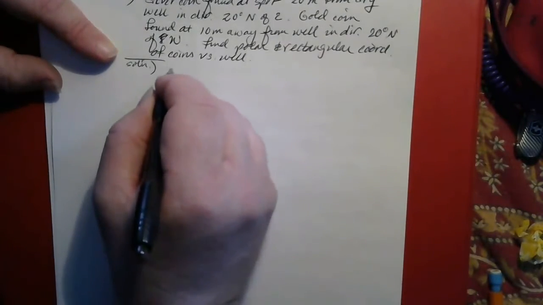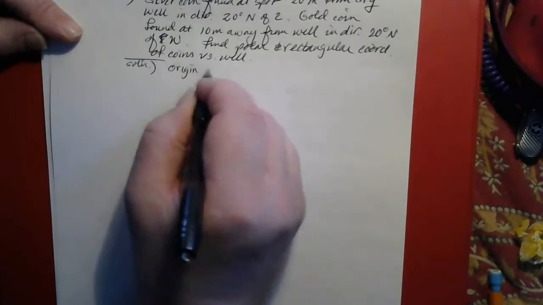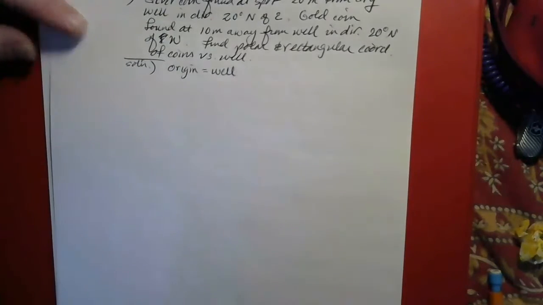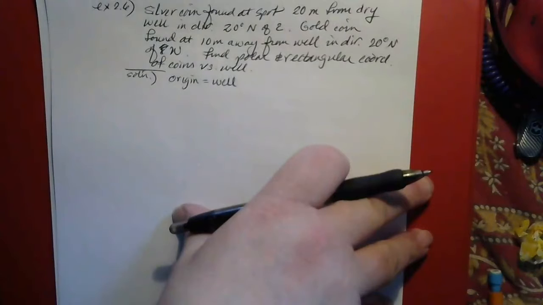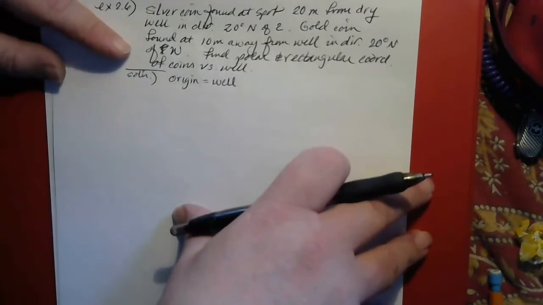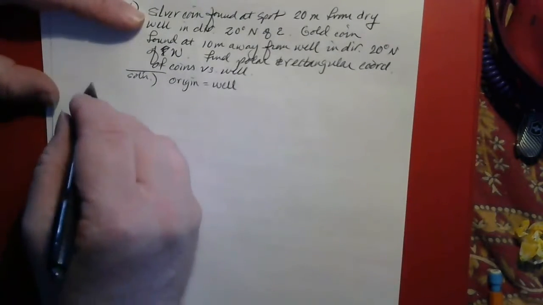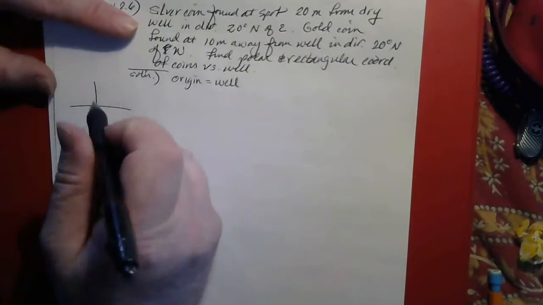Okay, so for a solution here, we start with defining what the origin is. It would make sense to make the well the origin, because that's what everybody's been talking about versus the well. So you might as well use that as the starting point. And from that, we can draw this kind of diagram here.